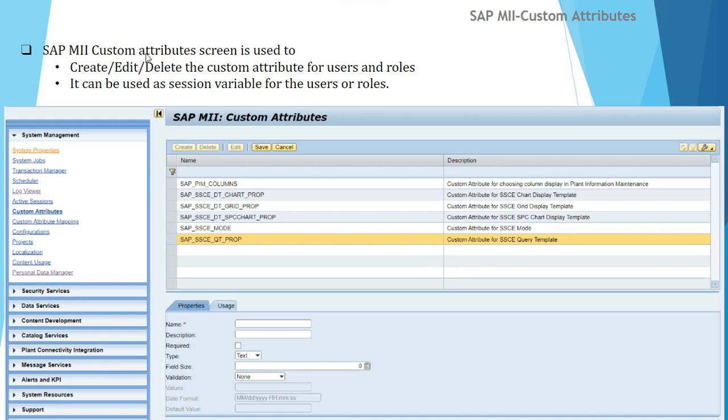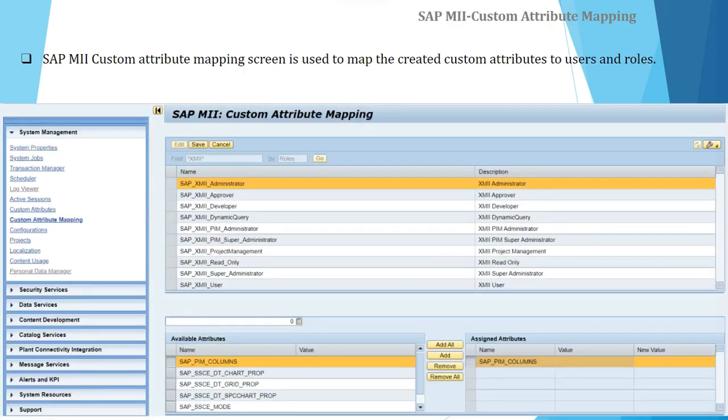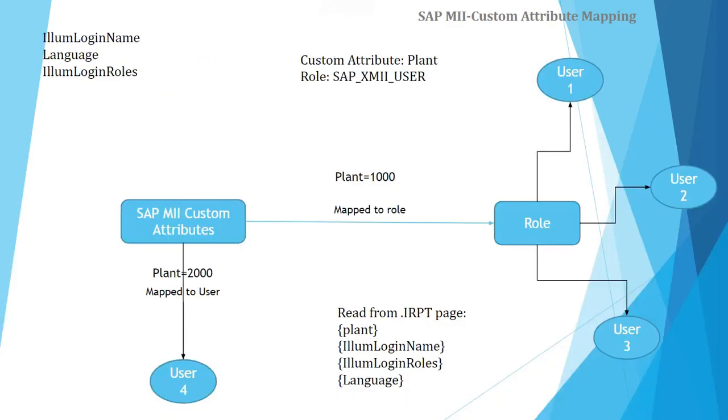The SAP MII custom attribute screen is used to create, edit, and delete custom attributes for users and roles, and they can be used as session variables for the user or roles. So first, understand what a custom attribute is. To help you understand, let me give an example.